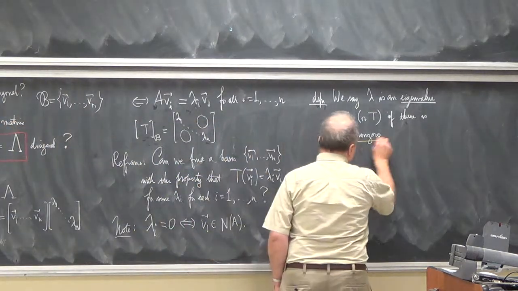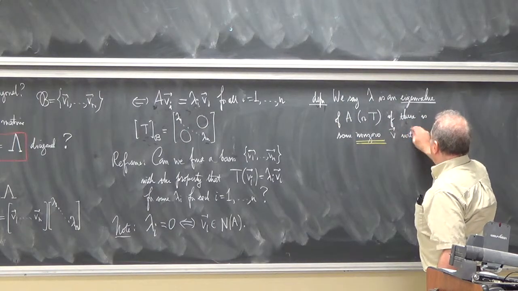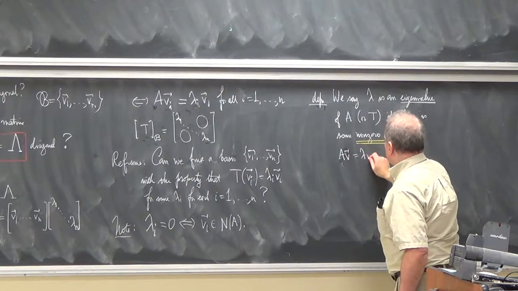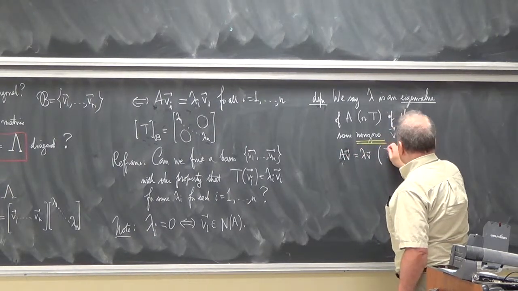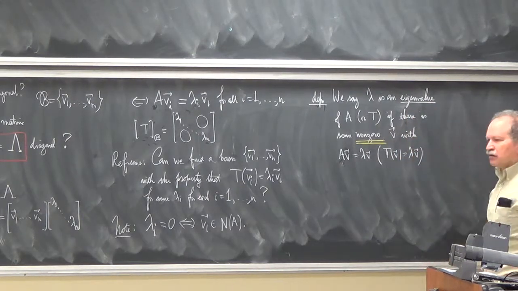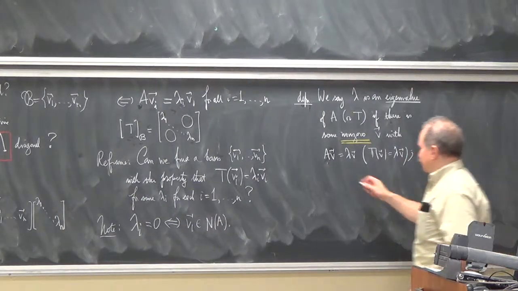Write that one: A times the vector is lambda times the vector, or T of the vector is lambda times the vector. And such a v is called an eigenvector.